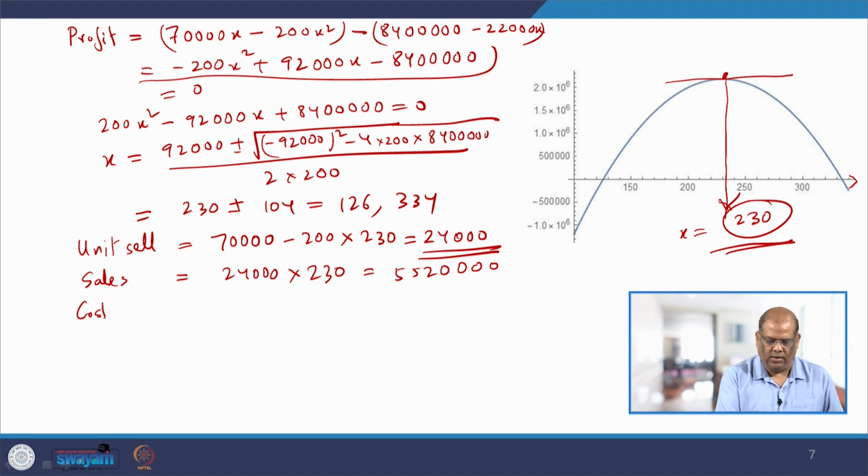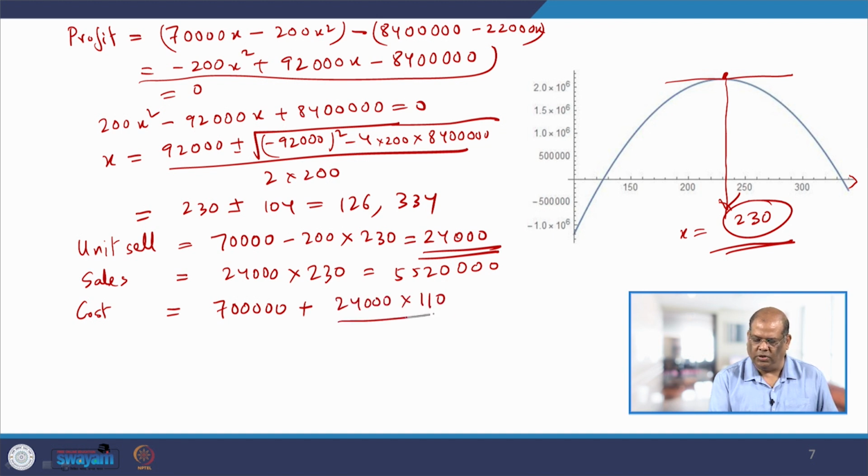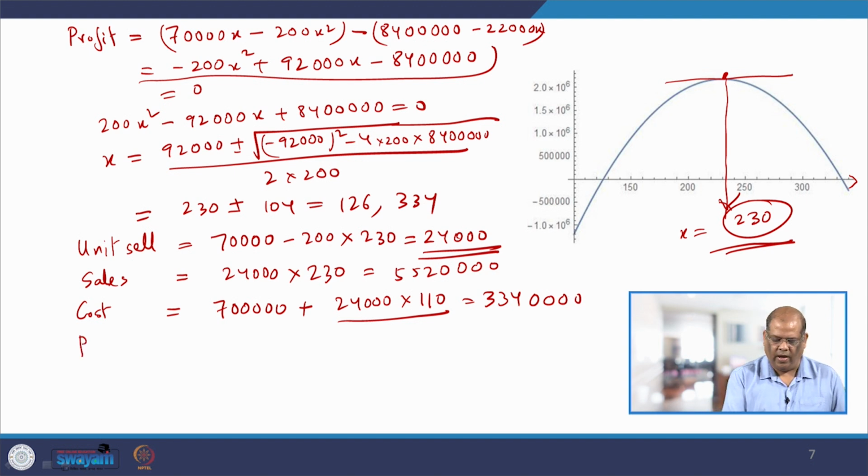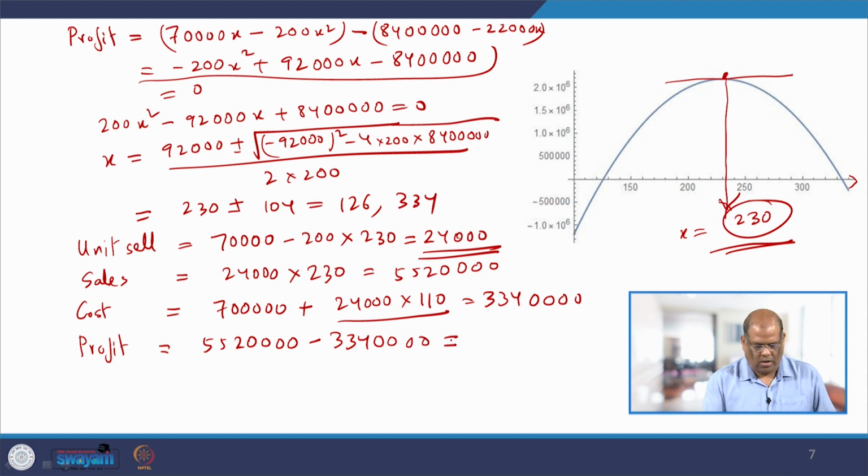Your cost price is 7 lakh plus the number, that is 24,000 multiplied by the cost price, which is 110, and this number is 3,340,000. So, your profit is the selling price minus the cost price, and 2,180,000, which you can get from here also.